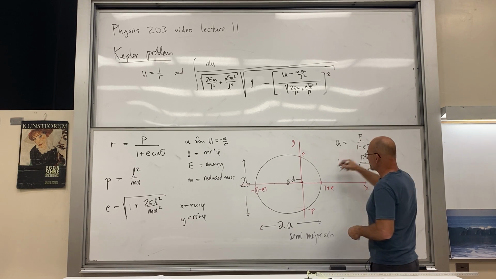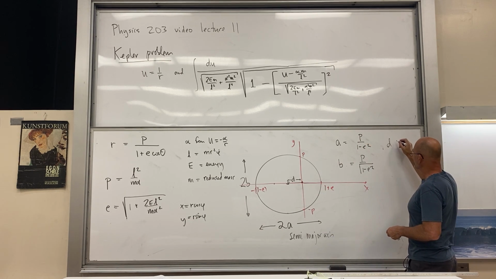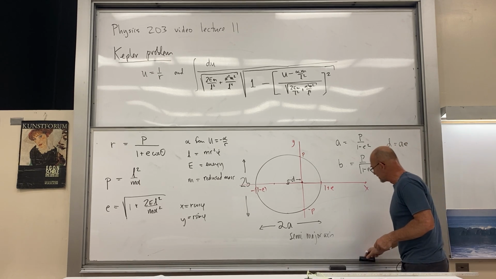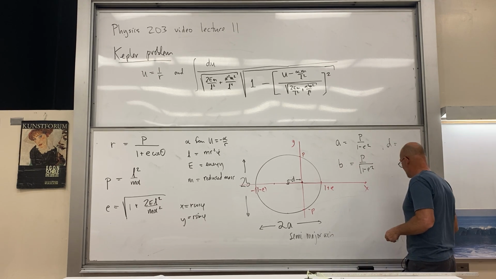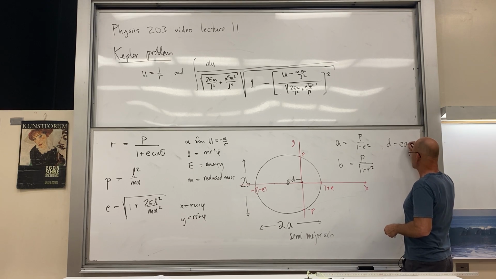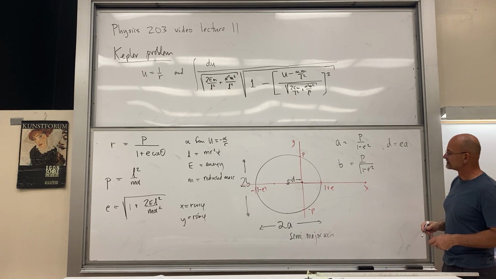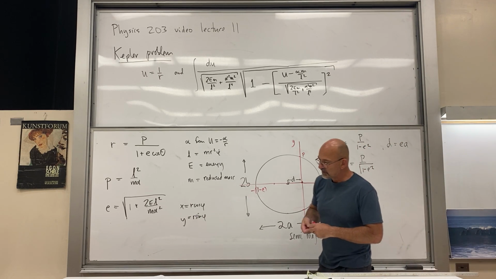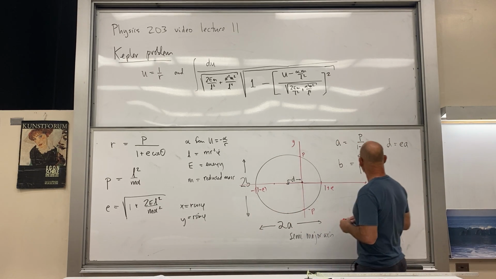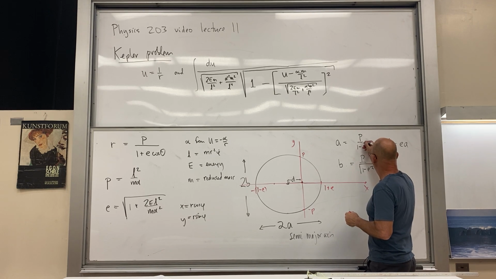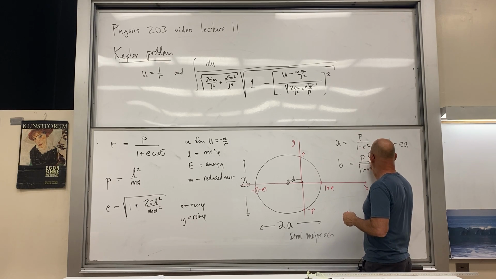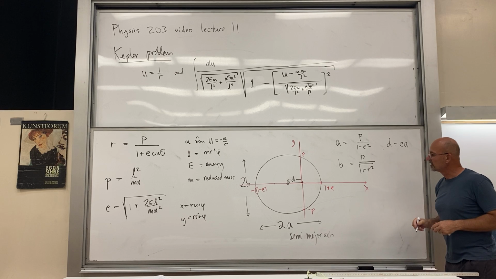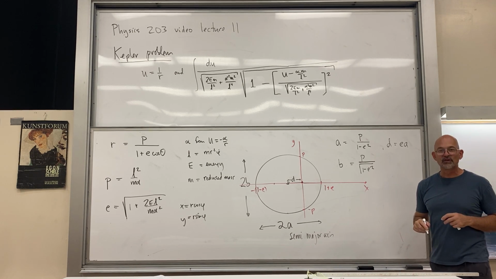This distance D, as I'm calling it, from the focus to the geometric center, was A times E, let me write E times A. E times A. And so that's the complete set of these results. And we're going to now discuss Kepler's 3 laws.